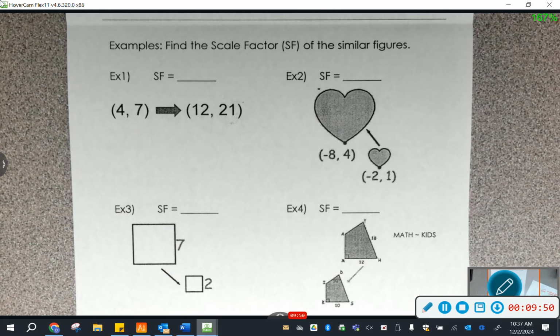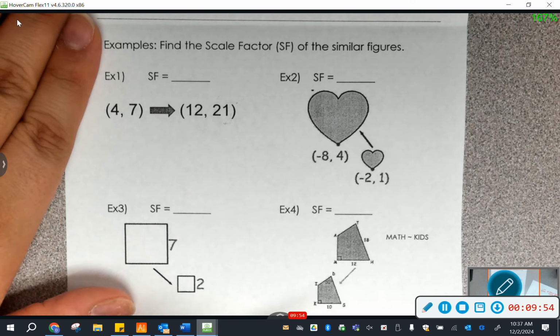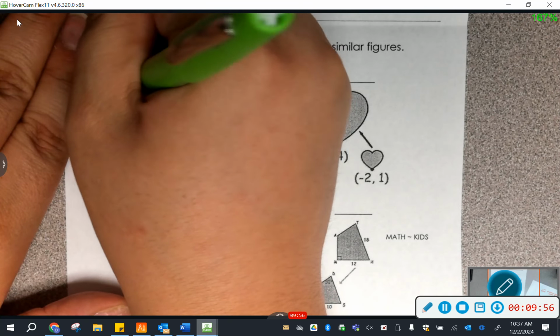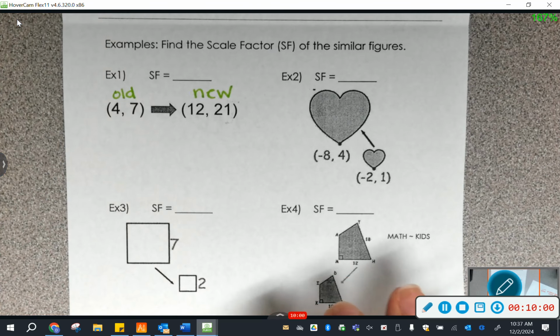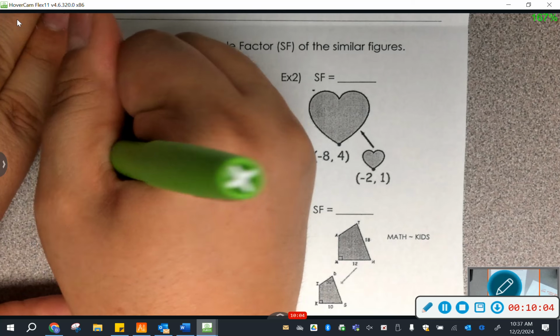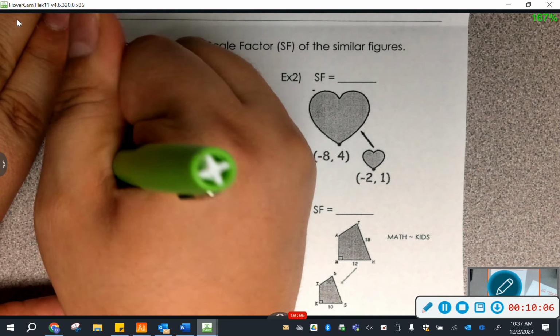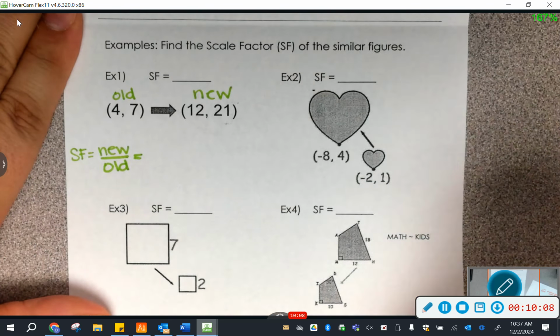So like for this first one, what is old? What's new? 4, 7. Can everybody write old and new? So to find the scale factor, you do new over old. What am I going to divide here?